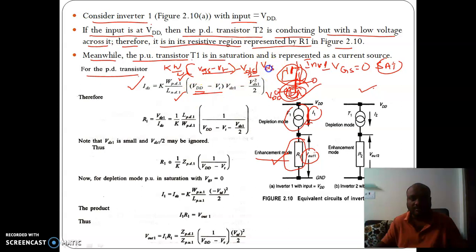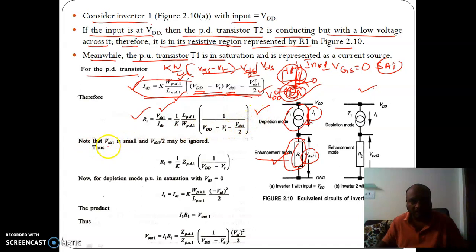So VDS is VDS1, minus VDS1 squared by 2. If I want the resistance R1 offered by this transistor, we know the formula is VDS1 by IDS. Deriving from this equation, we get R1 as 1 by K into LPD1 by WPD1, divided by VDD minus VT minus VDS1 by 2.